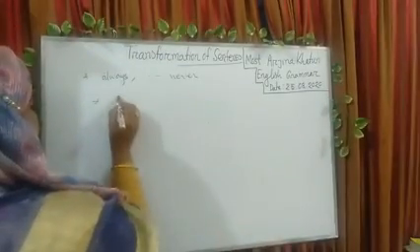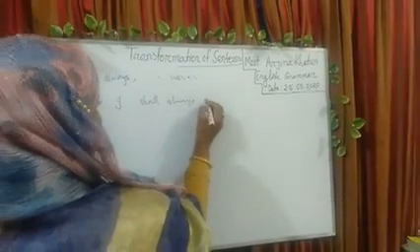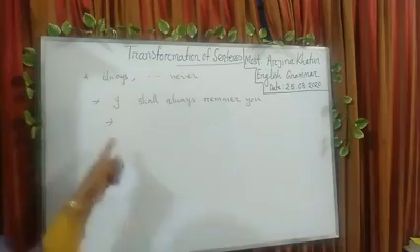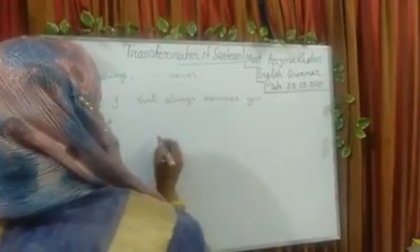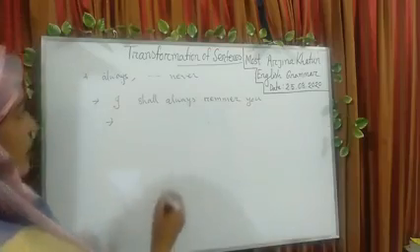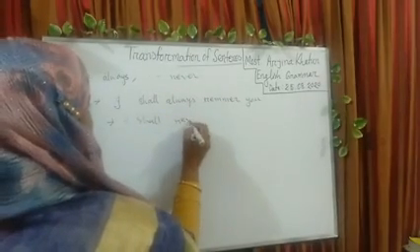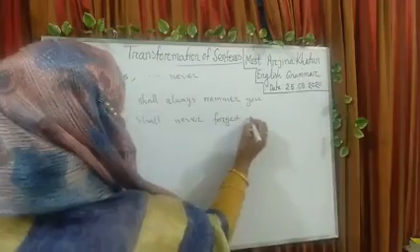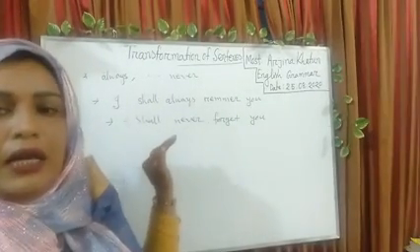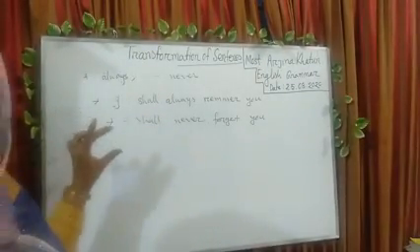My dear learners, I shall always remember you. We use never instead of always and use the opposite word of remember. I shall never forget you. My dear learners, here we do not change the meaning of the sentence, but it changes from affirmative to negative.